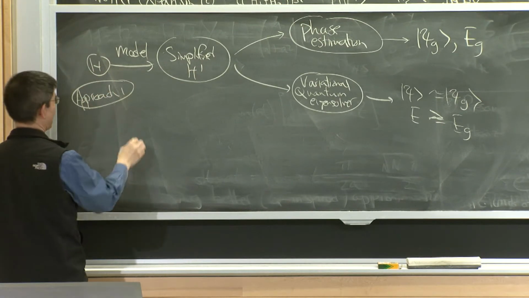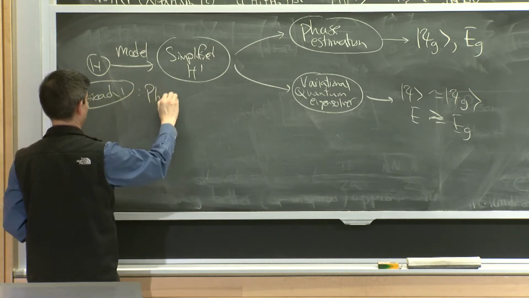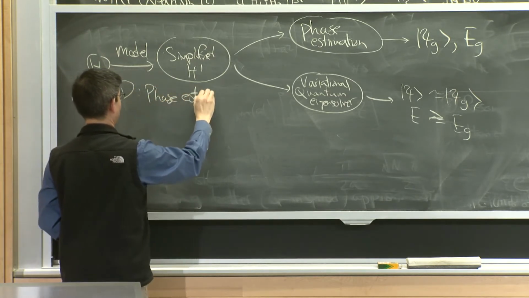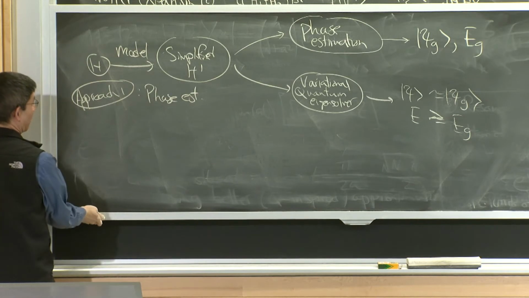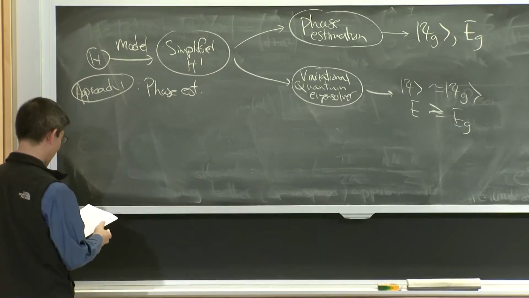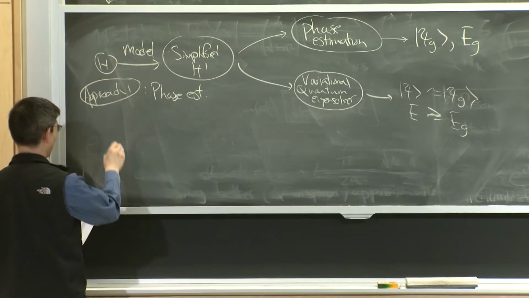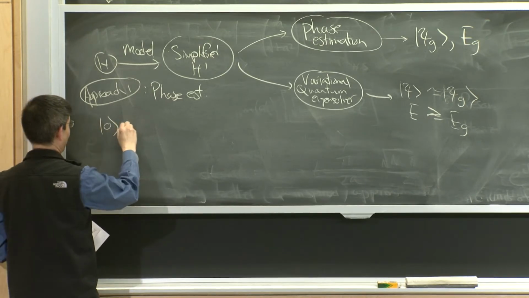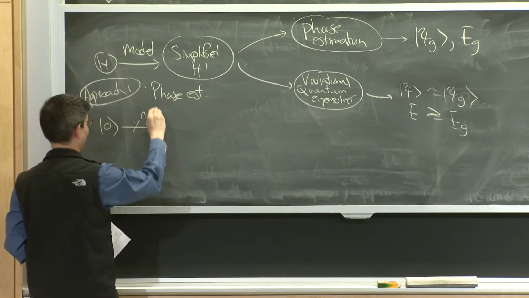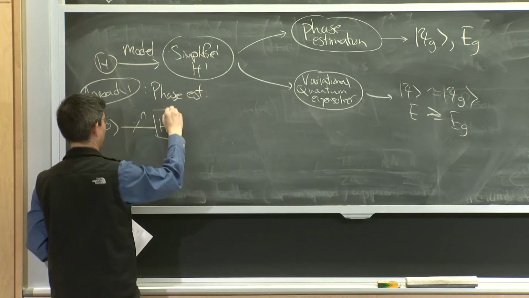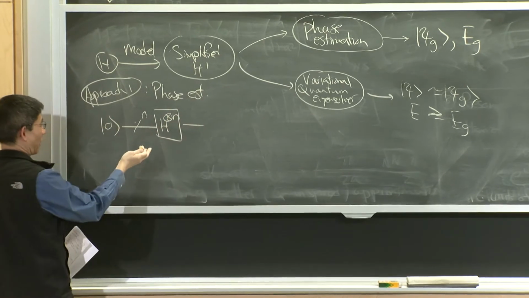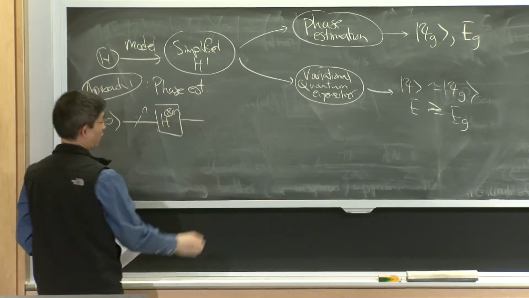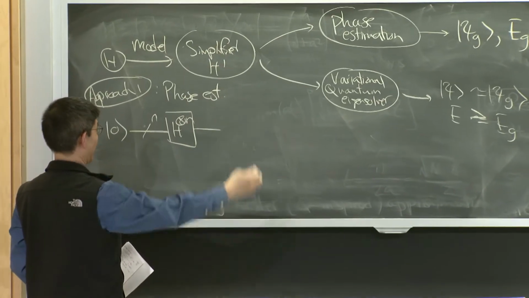The first approach, phase estimation, is very simple to understand, as I described, because it is no more than the application of phase estimation. We start with a register of qubits where you're going to store the eigenenergy.